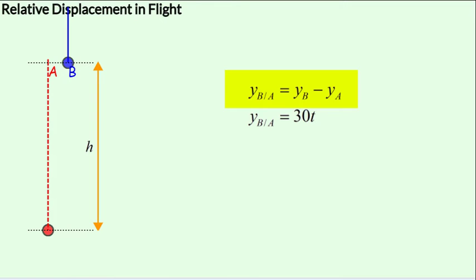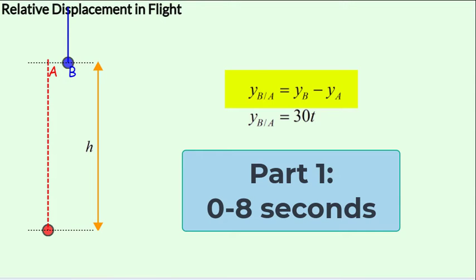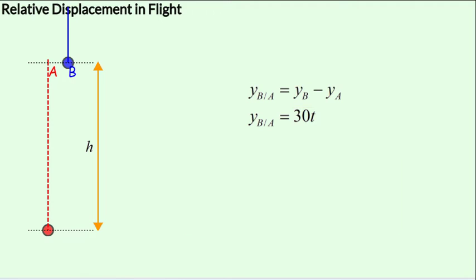And this is the scene at the end of the 8th second, where ball A has reached the ground and ball B is still in motion. In the previous step, we had computed both these, YA and YB. Subtracting YA from YB, we obtain the relative displacement YB with respect to A as 30t.